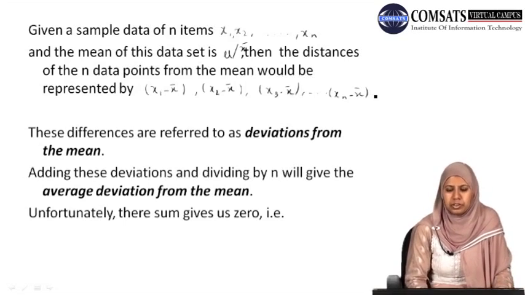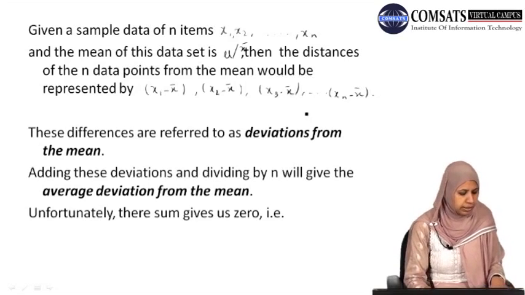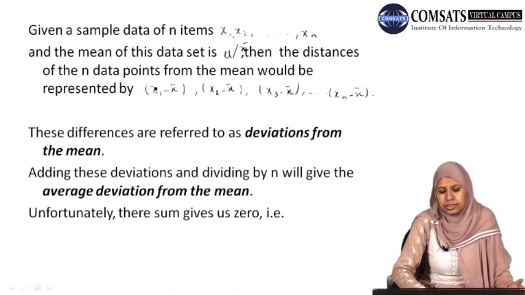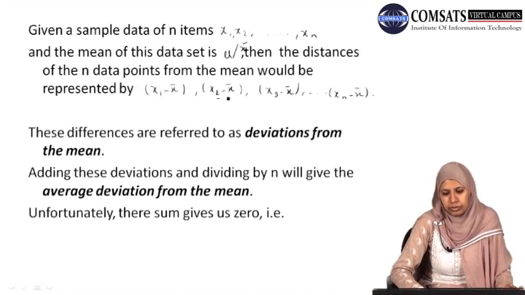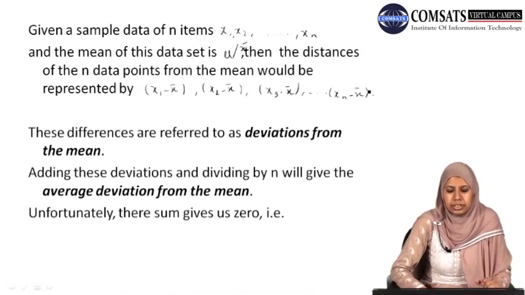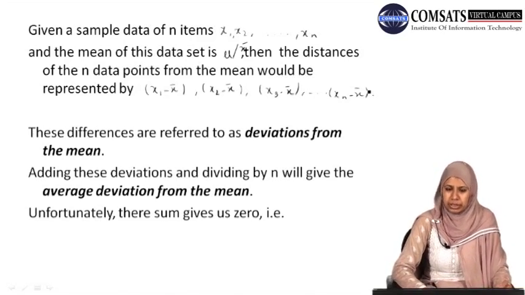So these values represent the distance of n data points from the mean, and these differences are referred to as deviations from the mean. That is, each data point x1 is deviated how much from the mean. Simply, the data set point x2 is deviated from the mean, whatever the value of the difference is, and so on. So adding these deviations and dividing by n will give the average deviation from the mean.